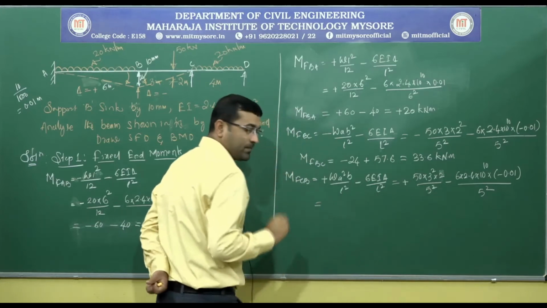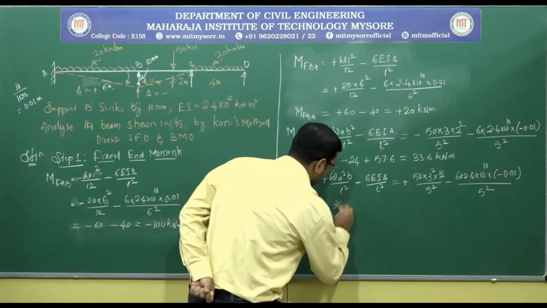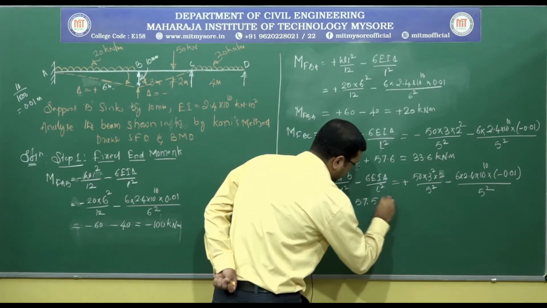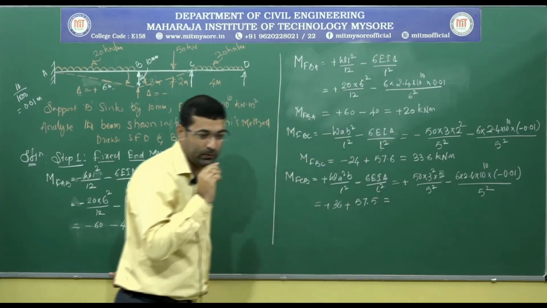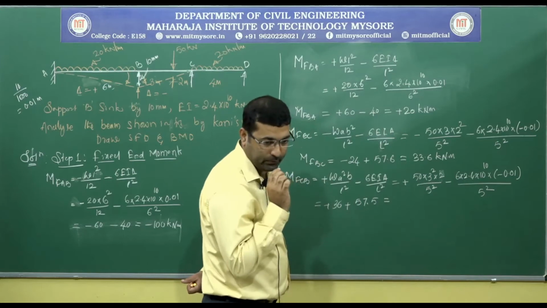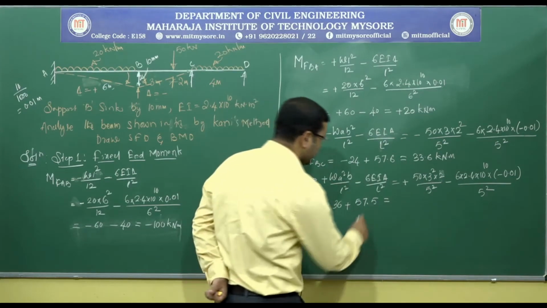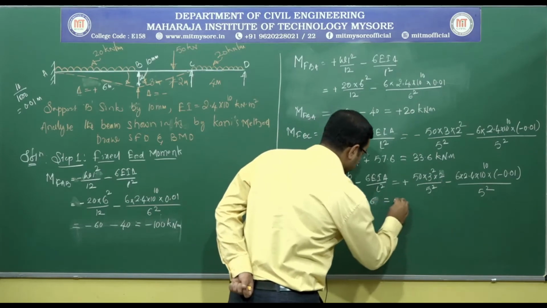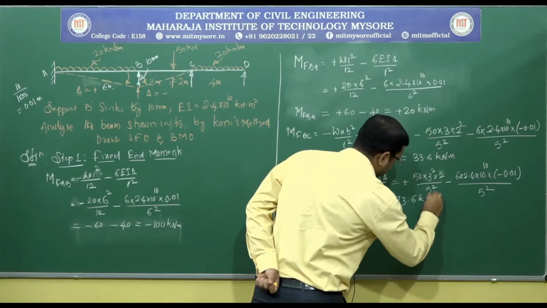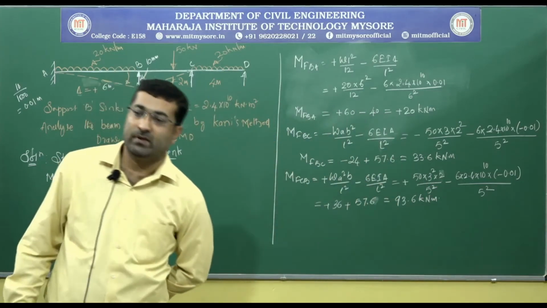This gives you plus 36 plus 57.6, which yields to 93.6 kilonewton meter as the fixed end moment.